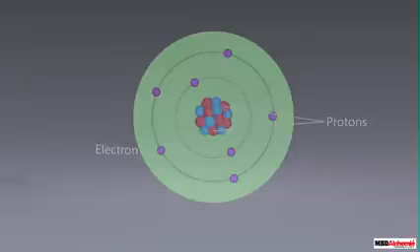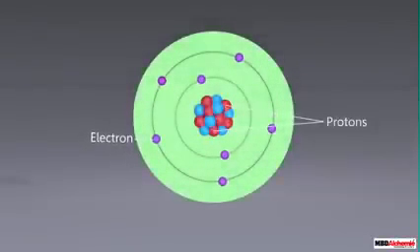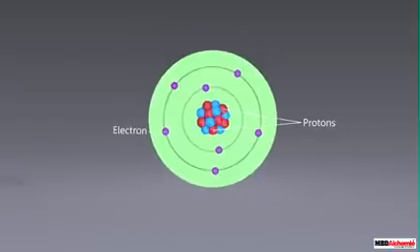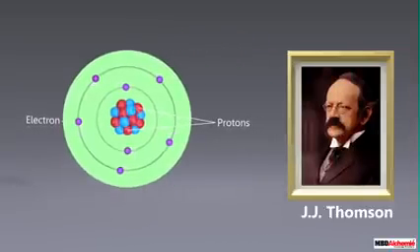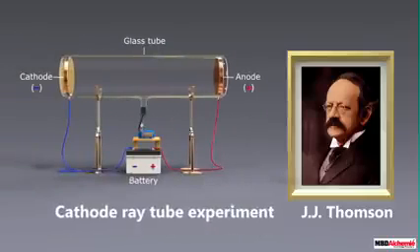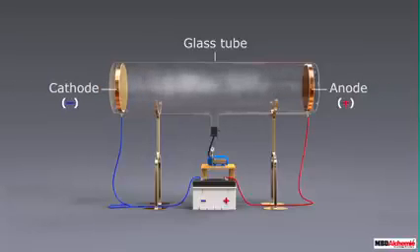Now that we know what these are, it is also important for us to know by whom they were discovered and how. The credit for the discovery of the electron goes to Sir J. J. Thomson. An experiment that helped him discover this was the cathode ray tube experiment. The setup of the experiment consisted of a glass tube containing a gas and two electrodes at its two ends connected to a battery.